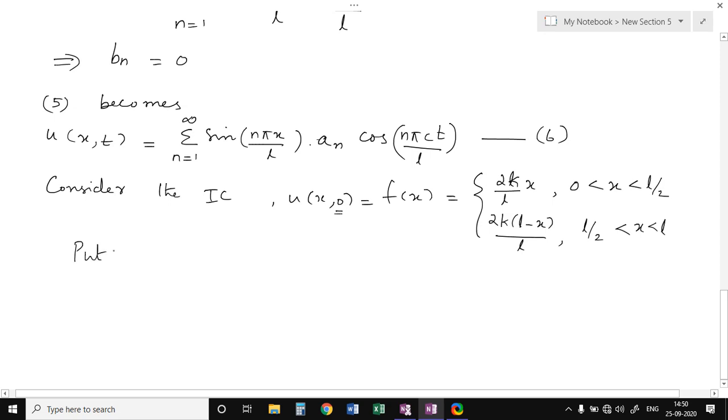So put t equal to 0 in sixth equation. Here we get u(x,0) and u(x,0) is f(x).